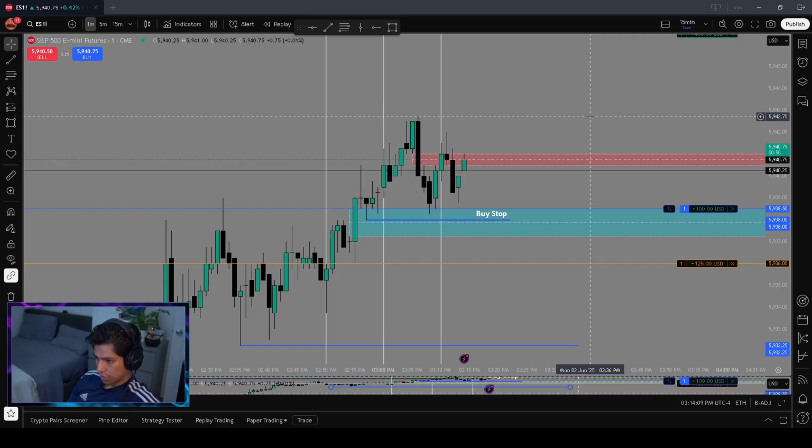And then once again, we're also in that red box area where it's potentially a sell zone. So we really want to study price, see how it reacts. Also what time.